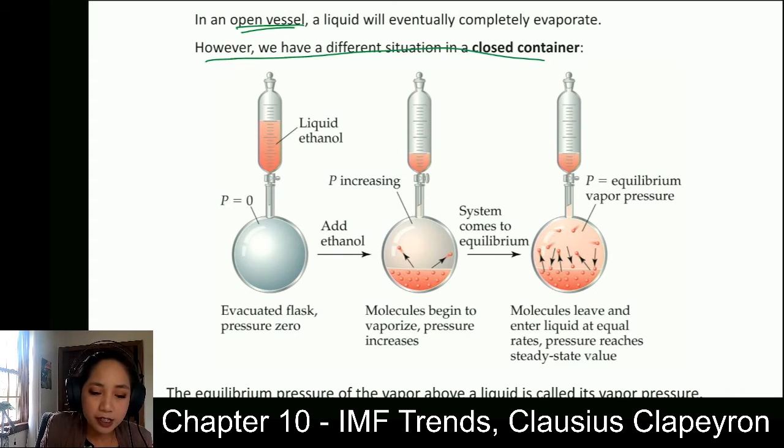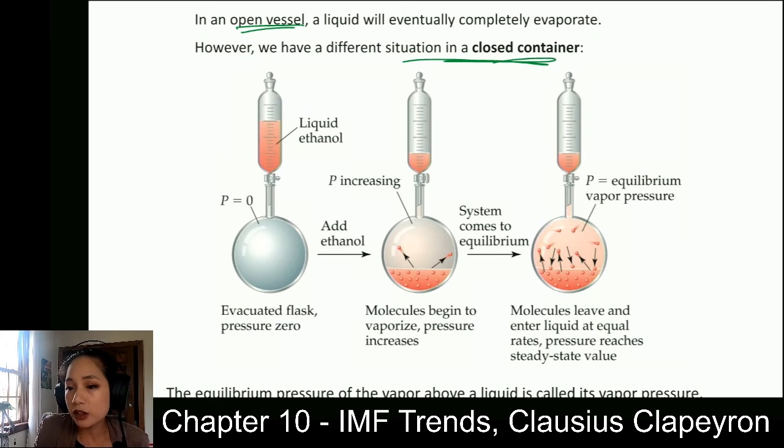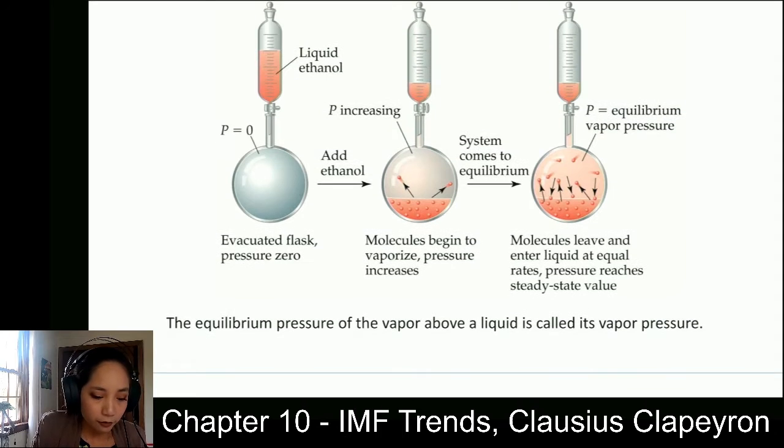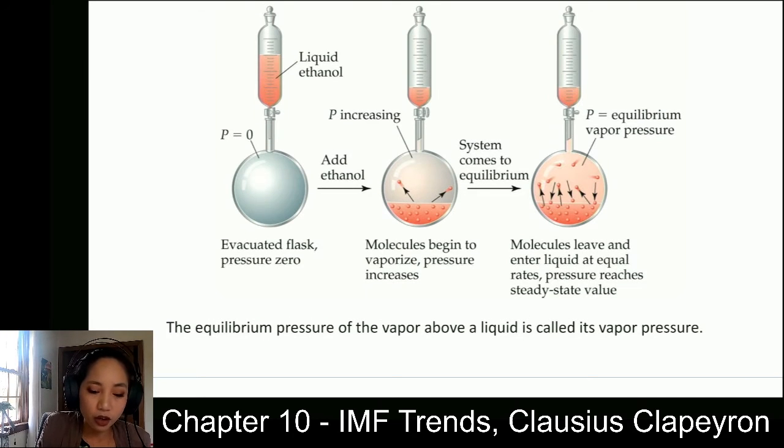But we have a different situation in a closed container. So in closed containers, we can then measure our vapor pressure of our system because that liquid and gas are in equilibrium. So in this diagram, what we see is we have this evacuated flask with zero pressure, and then we insert some liquid ethanol into the system. And so what we see, once that ethanol enters that vacuum, some of the gas particles leave the liquid state.